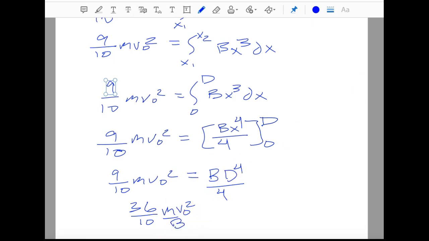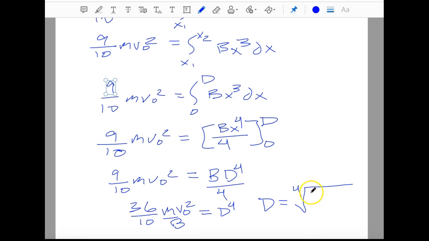And then that is equal to d to the fourth. At this point we can reduce this down. This would be 18 over 5. So now our d is equal to, and because this is d to the fourth, we can do the fourth root on the other side.